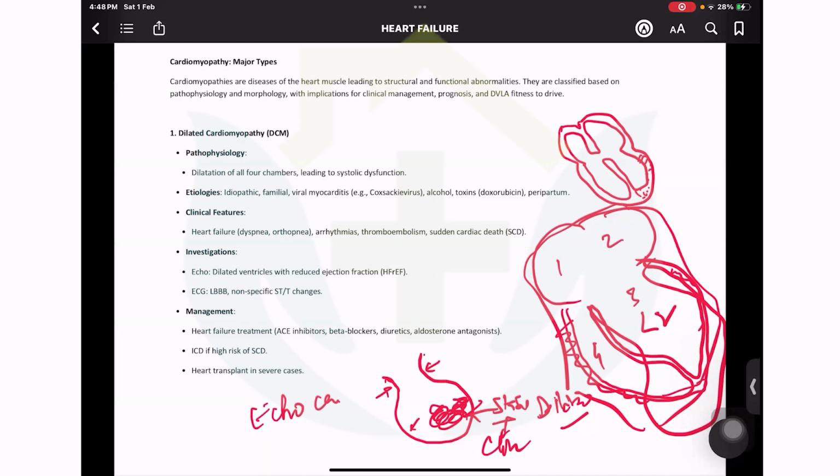He's thinned out. Now what you can do, you cannot make the muscle mass better all over again. So either you have to unload the passengers or you have to decrease the wind blowing from the front. So by unloading the passengers, I mean to say preload is decreased. By unloading the wind coming from the front, I mean that I will bring down the blood pressure.